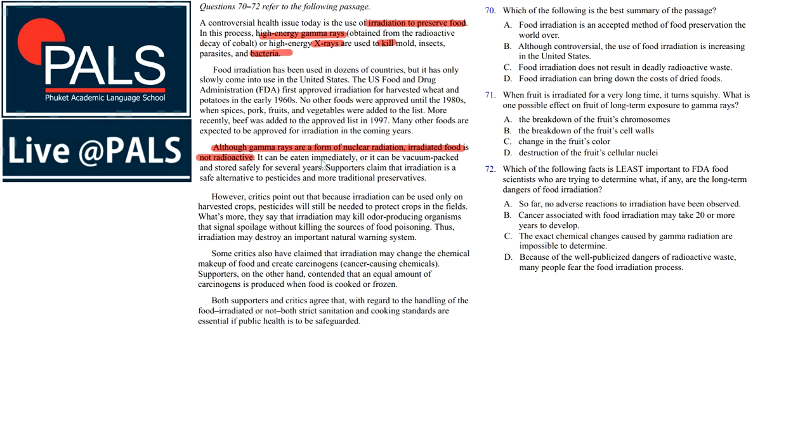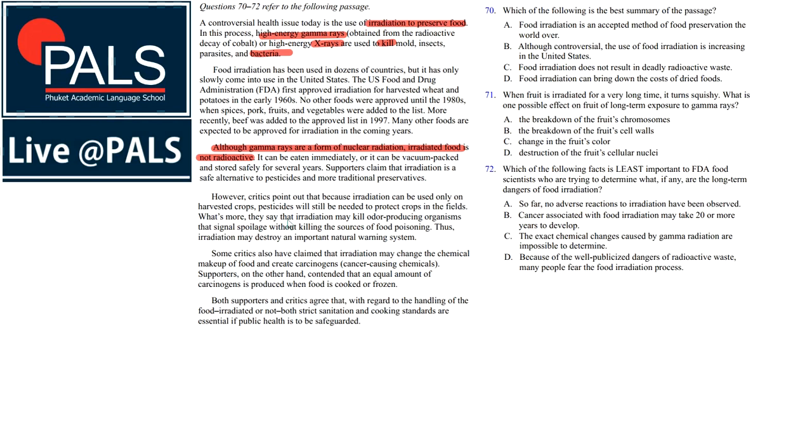It can be eaten immediately, or it can be vacuum packed and stored safely for several years. Supporters claim that irradiation is a safe alternative to pesticides and more traditional preservatives. However, critics point out that because irradiation can be used only on harvested crops, pesticides will still be needed to protect crops in the fields.